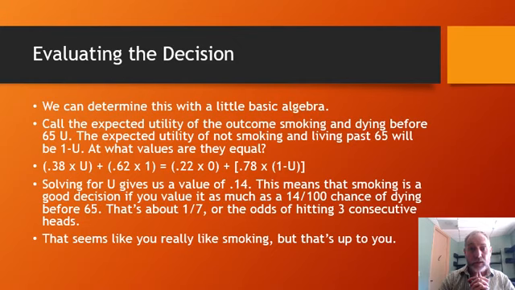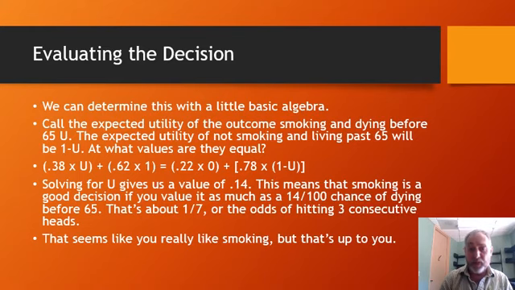So call the utility of the outcome smoking and dying before 65 U, right? And the utility of not smoking and living past 65, 1 minus U, in the same way we had 0.01 and 0.99, where one was the complement of the other.